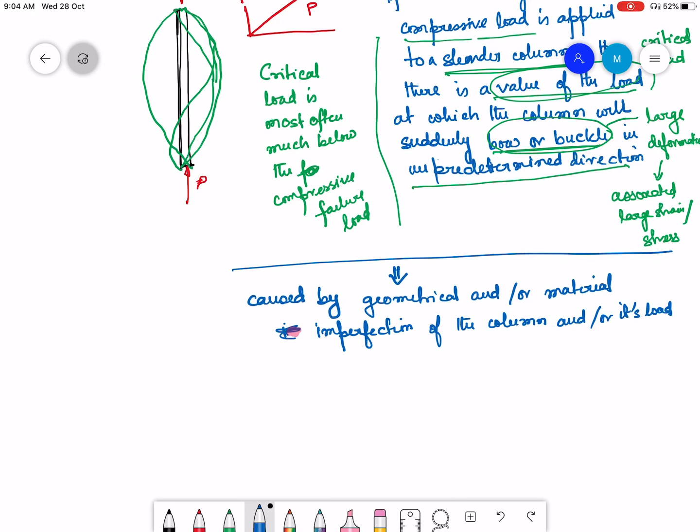Therefore buckling is an important failure mechanism, particularly for aircraft structures. Unlike many other civil and mechanical structures, aircraft structures, being thin and slender, are very susceptible to failure by buckling.